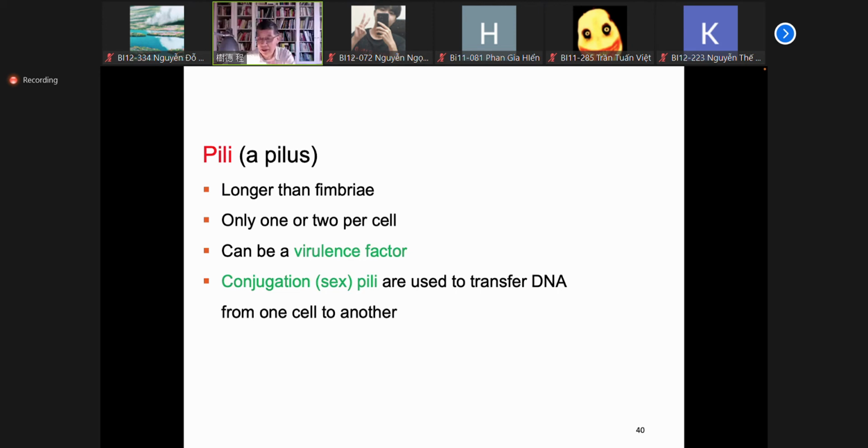Only a female is liable to be latched. So the male the female and male together, and then transfer. So this is called a conjugation.